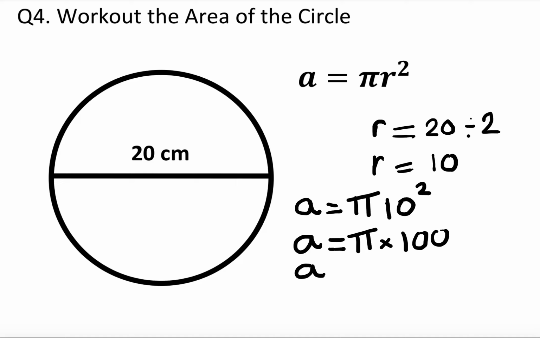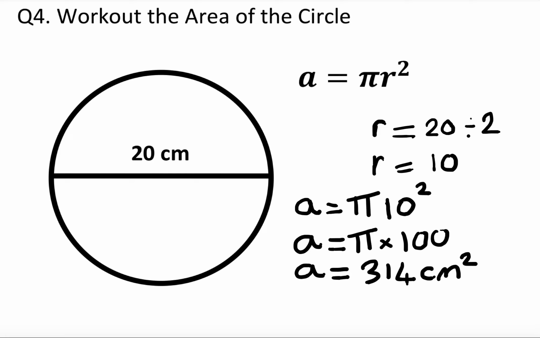So A equals 314 centimeters squared. It's got to be squared.